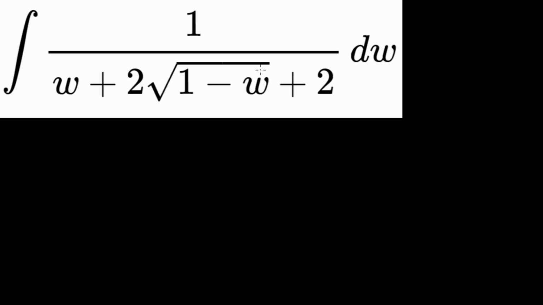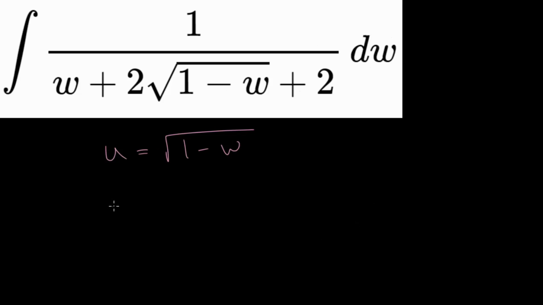So we can try setting u, our new variable, equal to this complicated term here, this square root of 1 minus w. And we could find du from here, but because of the square root, it will be very complicated. And that du, we won't be able to make a substitution for dw. They won't be able to be related to each other.